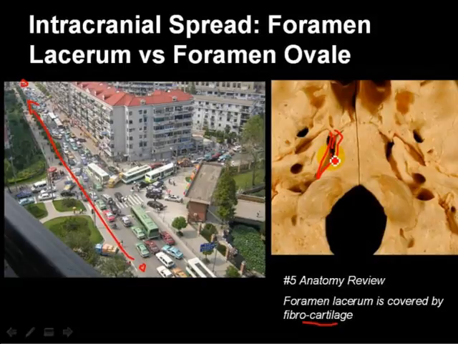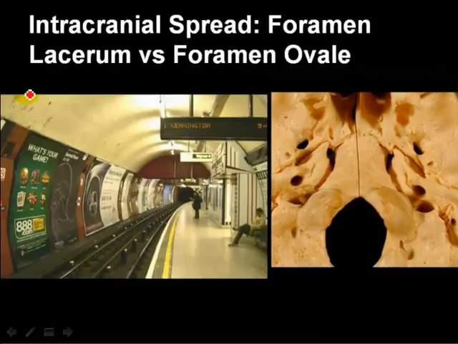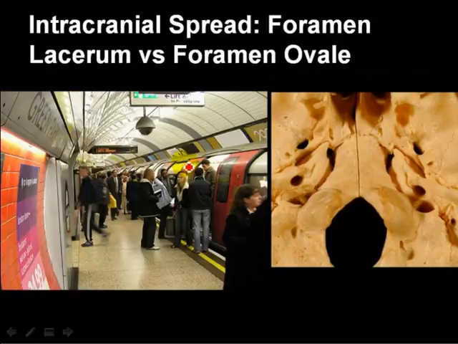Now, if you want to travel from this place to this place in a very quick and easy fashion, what you can do is take an MRT or a train underground. There's no traffic jam. And if you want to think in terms of an analogy, this is actually your nerve. And this is the foramen ovale. There is no traffic jam, and people can move along trains and nerves very quickly, just like malignant cells and passengers.